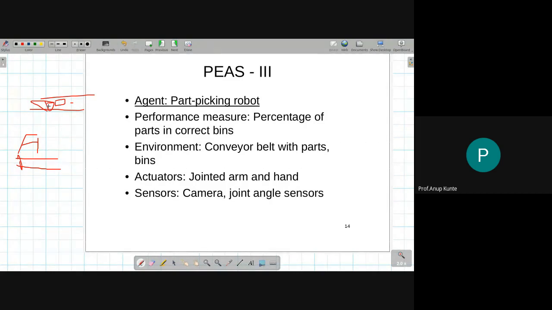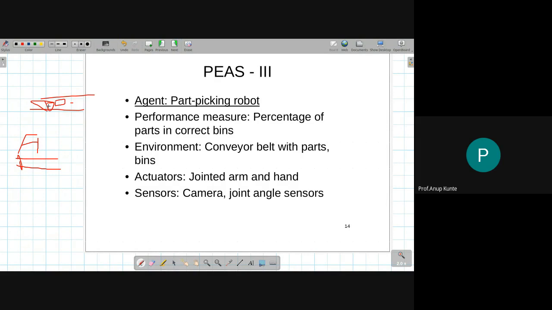But if I have an autonomous robotic arm which is capable of taking its own decisions based on what is coming through the conveyor belt, and some temporal differentiation, what kind of events will occur. Actuators in this case will be the arms and hand, the joints of arms and hands. Those will be the actuators. Sensors will be the camera and the joint angle sensors, how many degrees my angle has turned.